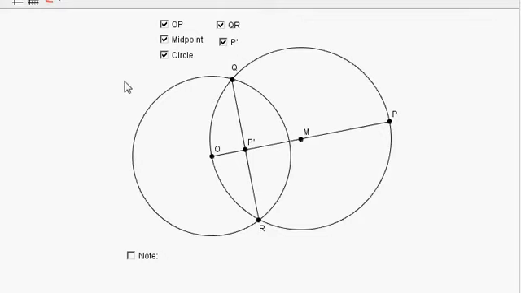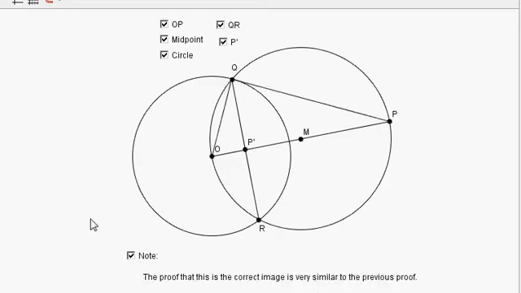And then P prime turns out to actually be the intersection of those two lines, the chord connecting Q to R and our original OP segment. I'll just say on the note here, you have several right triangles and the proof is very similar. I'm not going to chase through it here like I did on the previous one, but using the Pythagorean theorem, we can actually show that OQ times OQ, the radius squared, is equal to OP prime times OP.